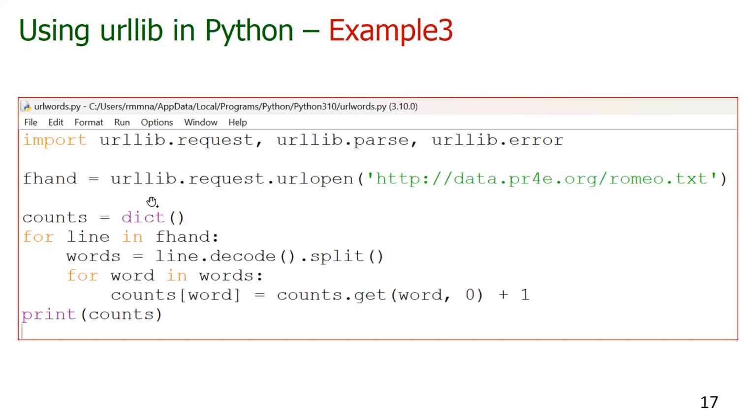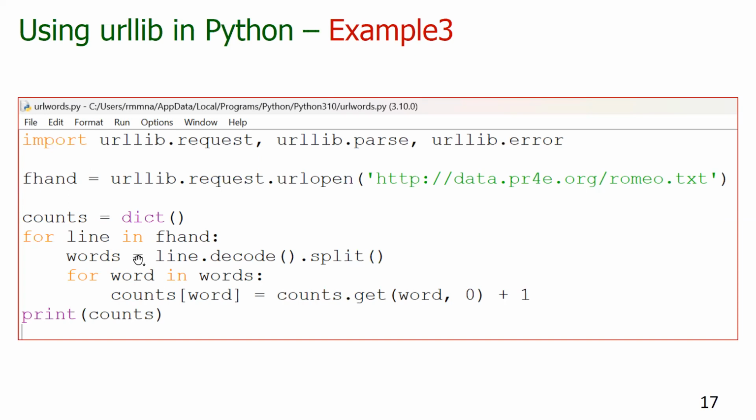So here we are creating a dictionary using dict, the method of dictionary. That result is stored in counts. Then again using iteration, a for loop, from the romeo.txt data we are reading line wise, word wise. For line in fhand, that romeo.txt data is stored in fhand.